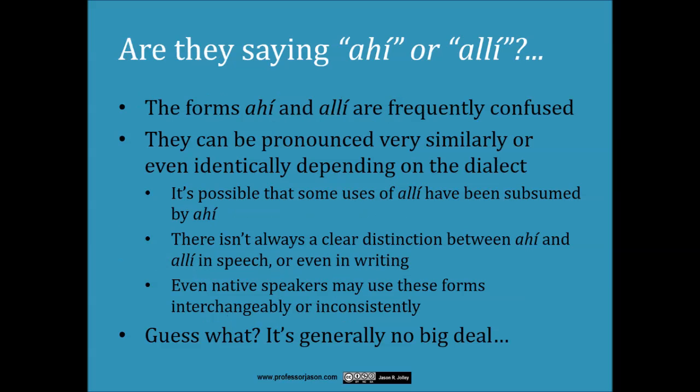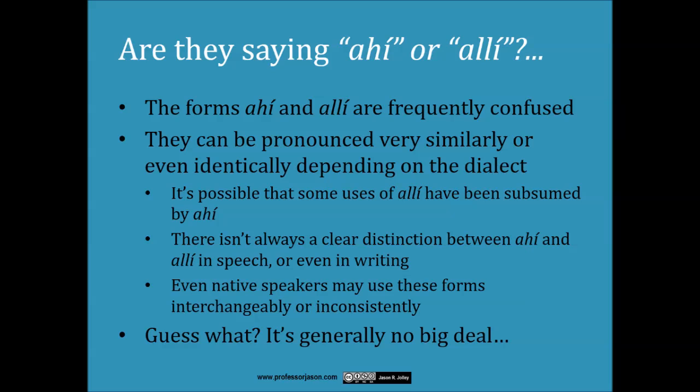Okay? Just a couple minutes ago, we talked about the possible distinction between the forms aquí and acá. Some people might wonder, what about differences between ahí and allí, which we haven't quite talked about yet? Well, this is because the forms ahí and allí are in fact frequently confused, even by native speakers. My theory is that this is probably because they can be pronounced very similarly or even identically depending on a speaker's dialect.